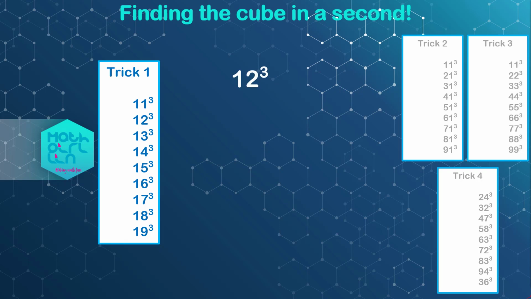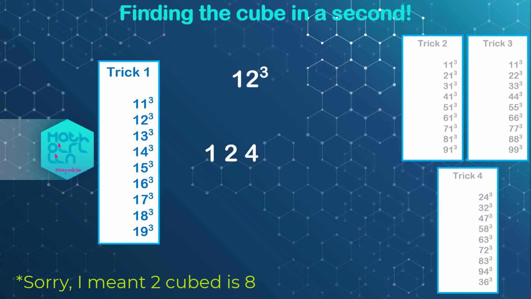12 cubed. First, we write the 12 as is, then we square the unit digit. 2 squared is 4, and we write that as our third number. Then we cube the unit digit. 2 cubed is 8, and that becomes our fourth number. The next step is to double the second and third digit and write it below.